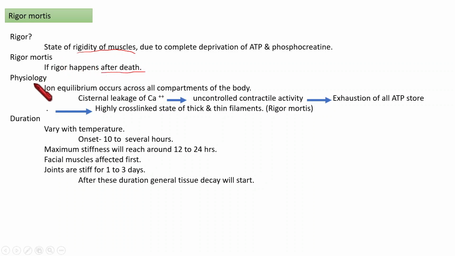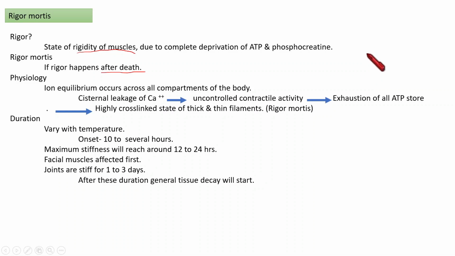Then what is the physiology of this rigor mortis? How does it happen? We need to brush up some points from our memory. In almost all compartments in our body, that is in different cells and inside the cell, different organelles are present. All those structures we can consider as compartments of our body.